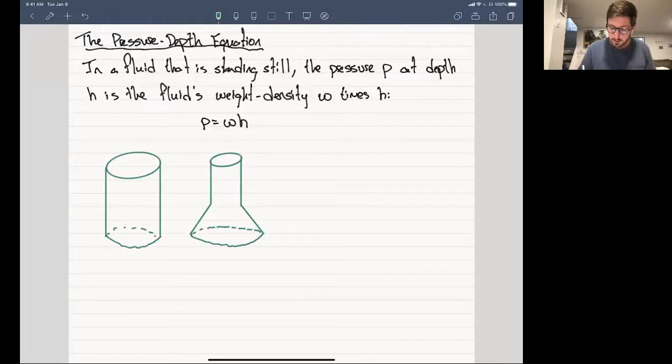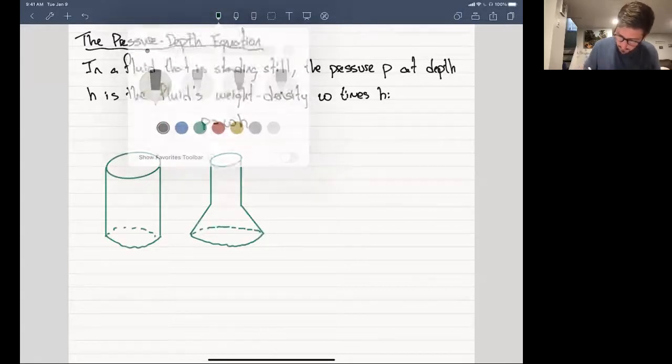Well, if we look at some of the units here, we get that pressure is per unit area. And so what we can find is a very, very simple formula. So the force, pardon me, maybe I'll put this in black so it stands out a little bit more.